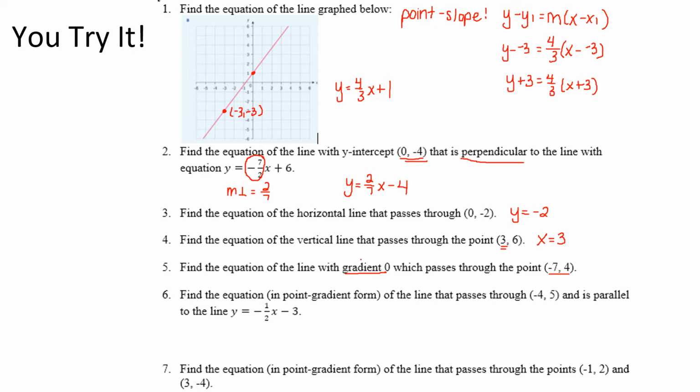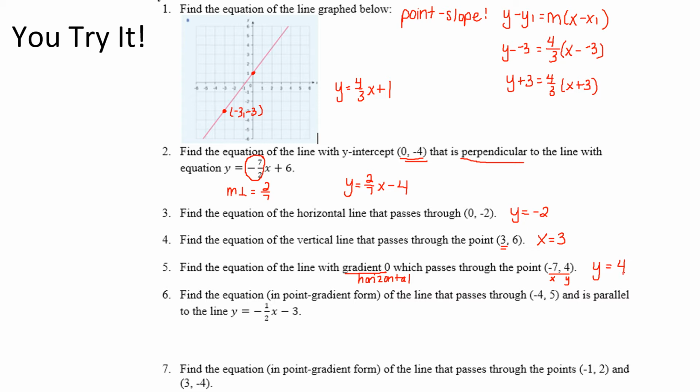I know that a slope of 0 means we have a horizontal line, and a horizontal line is written in the form y equals a number. I've got x, I've got y, so this is the number I'm concerned with. So it's y = 4.